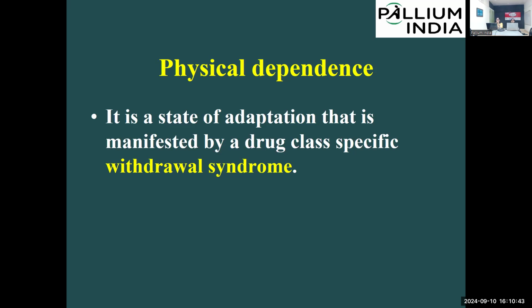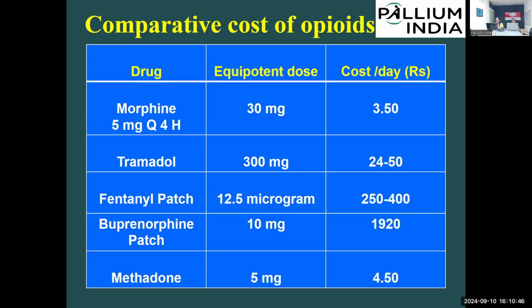Next, as I mentioned earlier, we'll look at a comparative cost of opioids so that you have an idea when your doctor prescribes opioids. You can tell them that without looking into the patient's pocket, if we prescribe such medications, it might not find the expected results because they might not be able to get these medications.